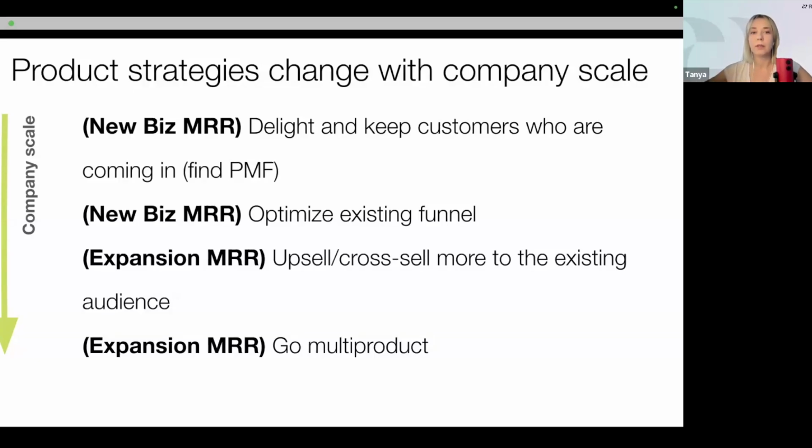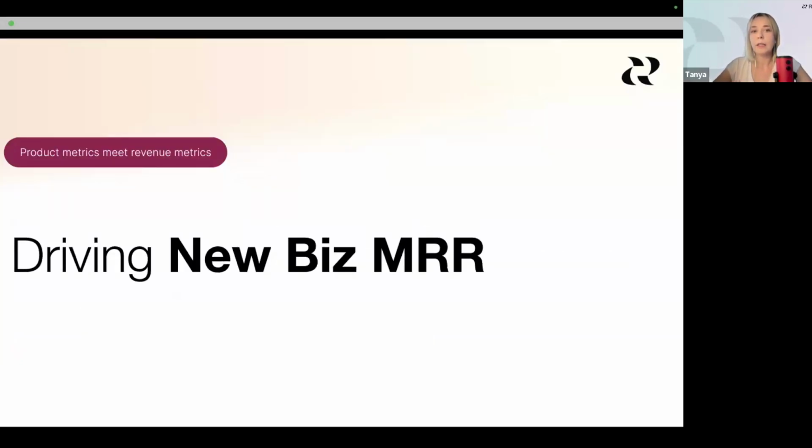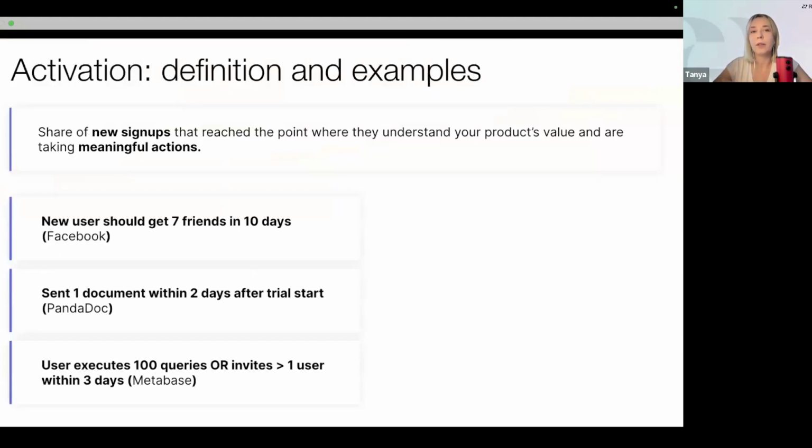So these strategies change with scale, and the movement goes from focusing on new business to focusing more on expansion MRR. Now, how can the product team help to drive the new business MRR from the side of the product? One of the key things that the product team should be thinking about is activation.